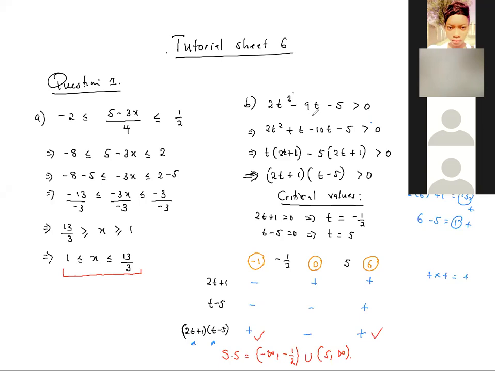The interval itself will tell you whether you need a critical value or not. Because if you have this situation here, no need of any critical value. But if I have this situation here, t keeps on changing. So as t changes, it will be affecting the whole expression on the left, depending on the values of t.